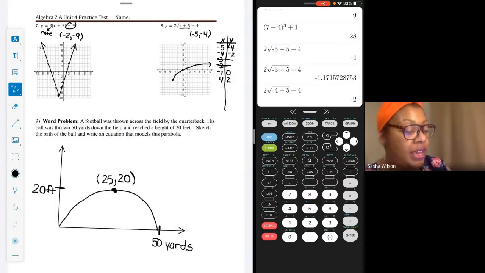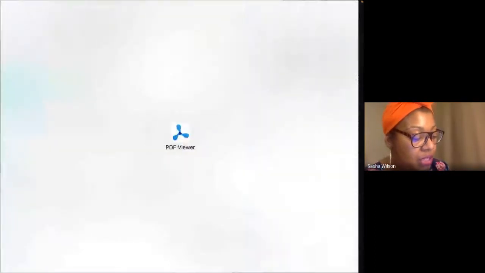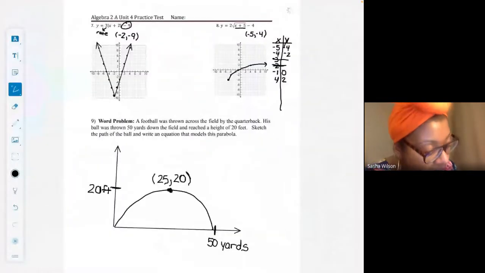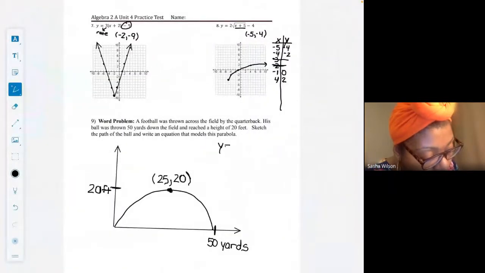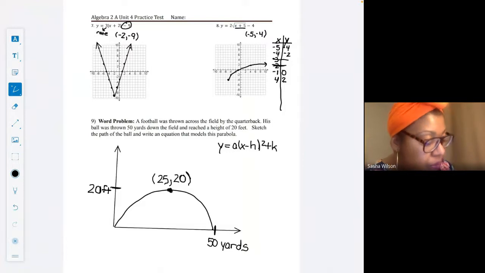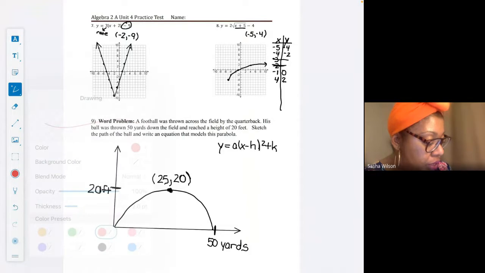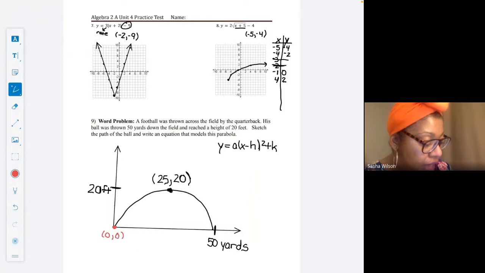Now we're going to use that famous vertex equation of y equals a parentheses x minus h squared plus k. And we've got some information we can plug in. First and foremost, we started at 0, 0. That sounds like an x and a y value.